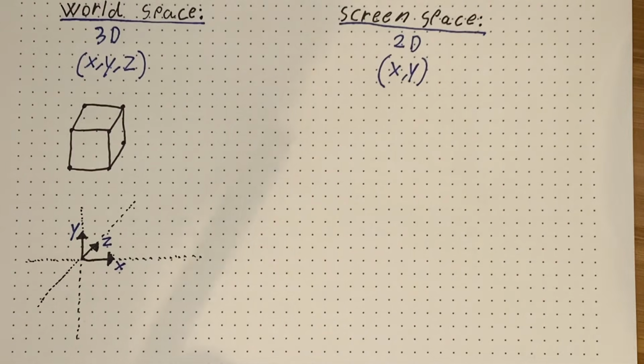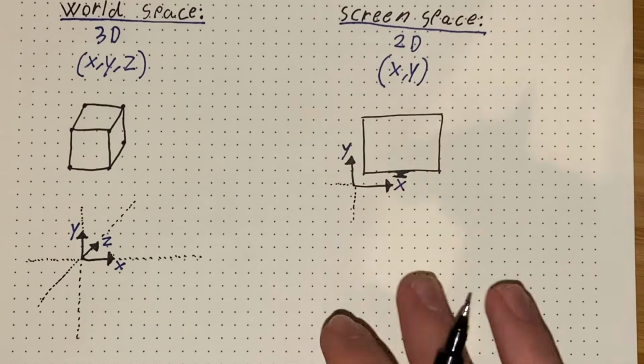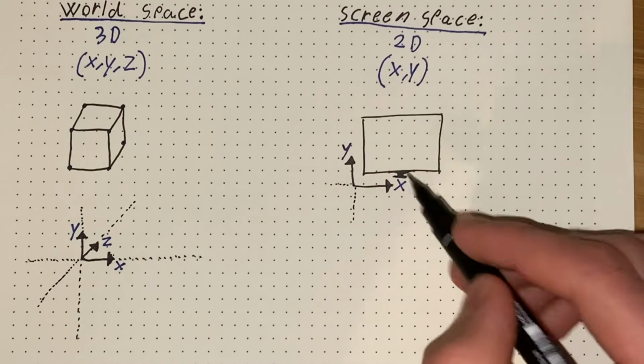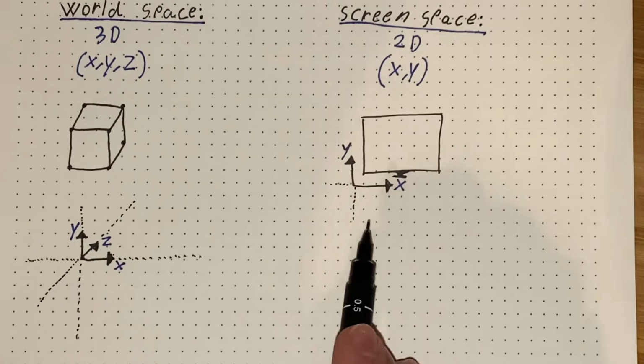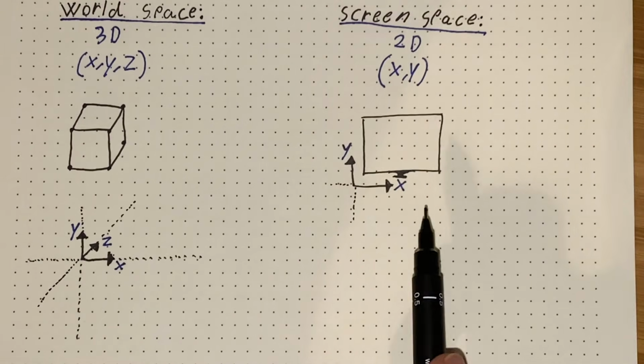So that's compared to screen space. So this is screen space, and I drew it with an actual screen to kind of represent it, but here you can see we only have two dimensions. So we have the normal y-axis and the normal x-axis.